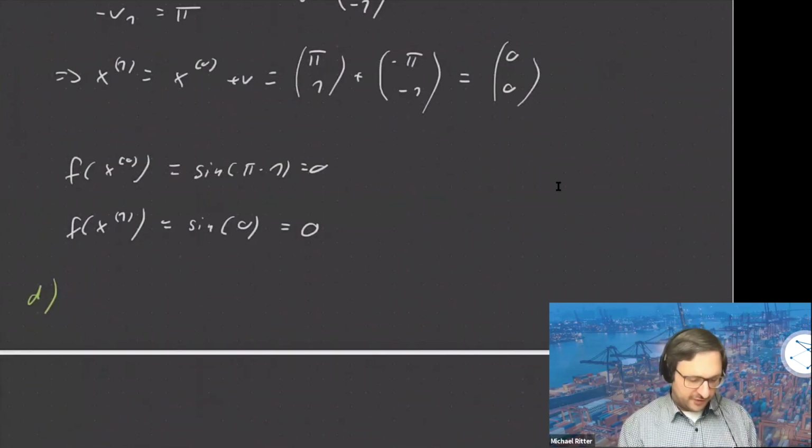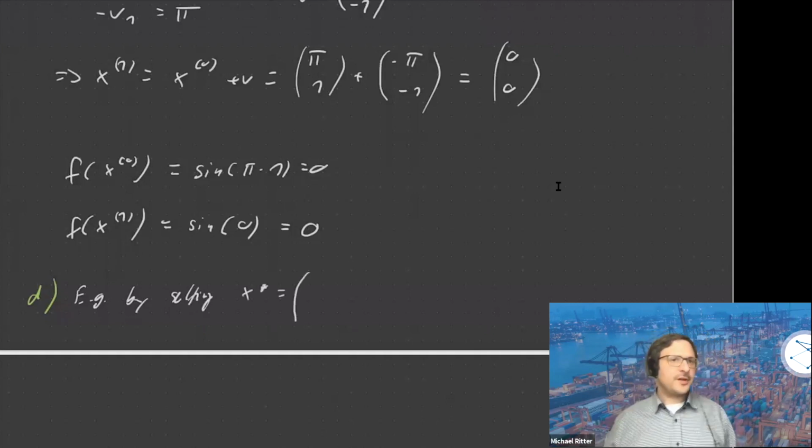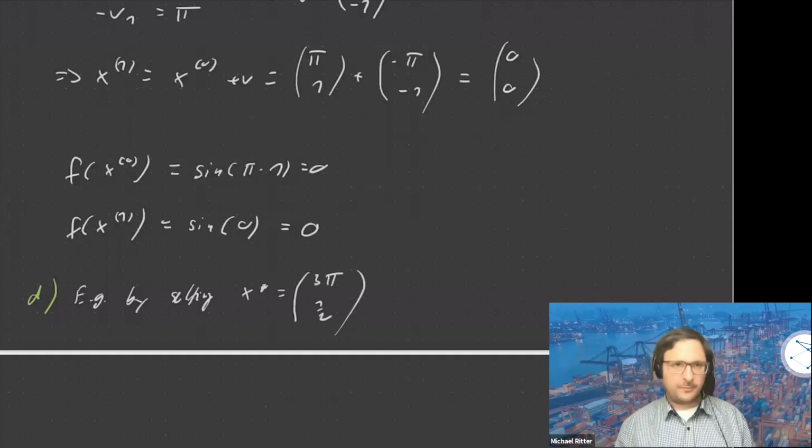So for example, let's try setting x star to something where the product is 3 pi over 2. For example, let's say we set this to 3 pi and 1 over 2, like this.